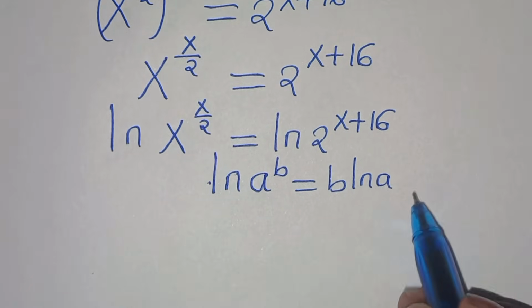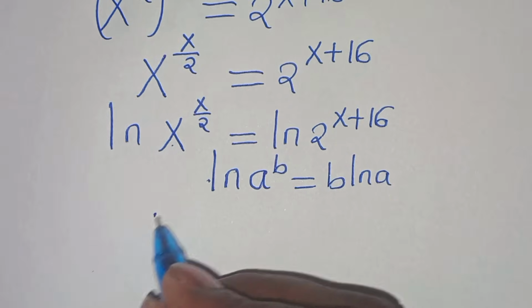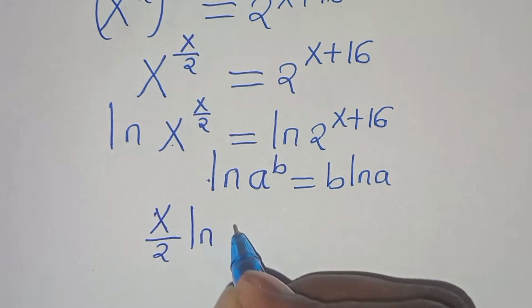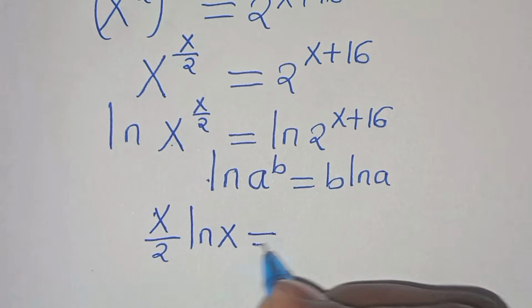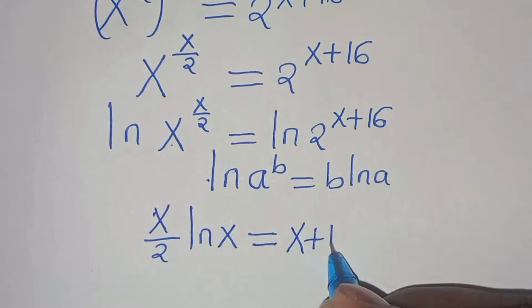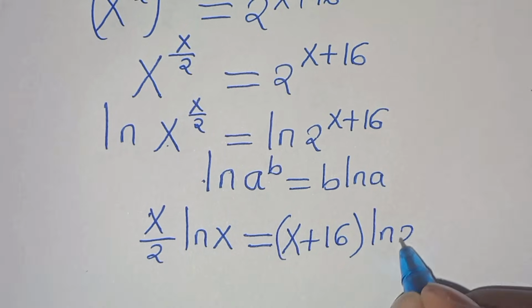So applying this property, then we have x over 2 ln of x. This is equal to x plus 16 multiplied by ln of 2.